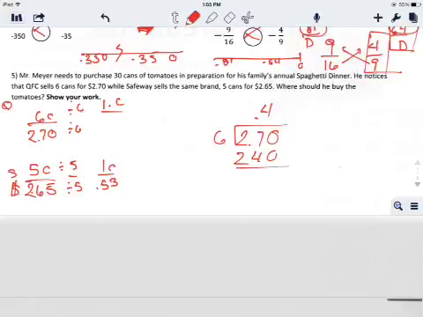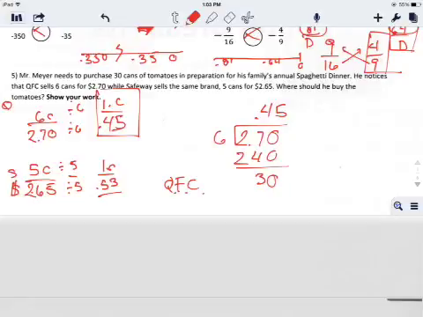And at this point I can stop, because if this is decimal 4, that's going to be 40-something cents. I don't know what it is, but it's always going to be cheaper than 53 cents. But we can figure out what it is. I'll do the rest here. 6 goes into 30. It's 45 cents for 1 can versus 53 cents for 1 can. So QFC is cheaper.